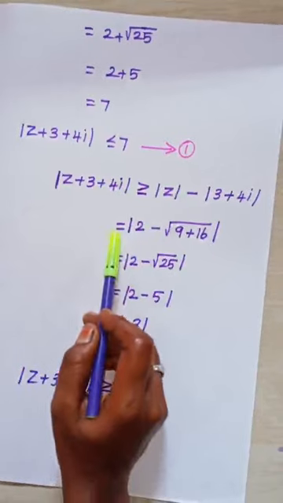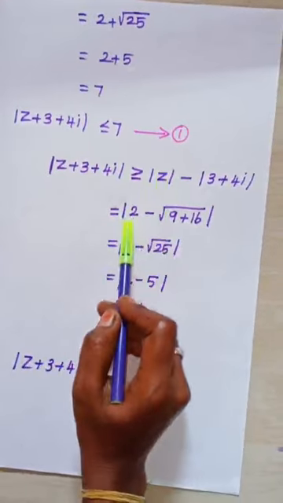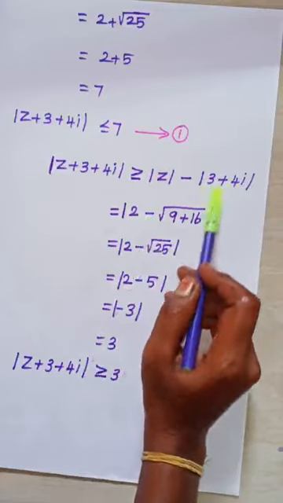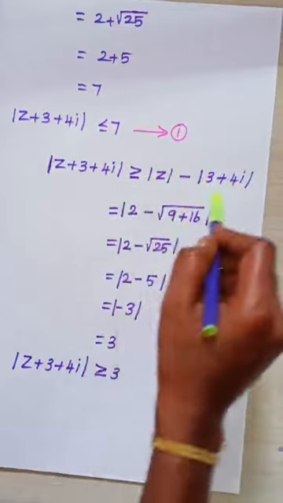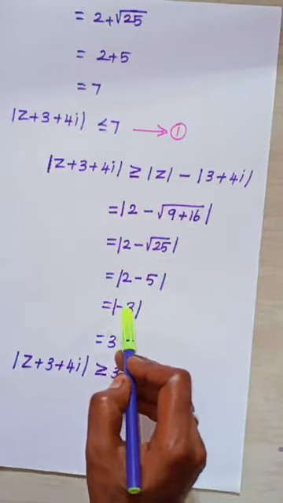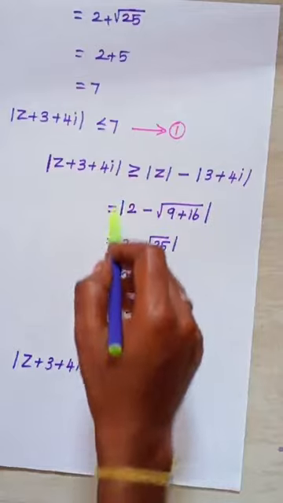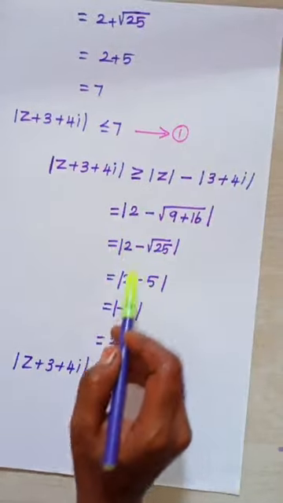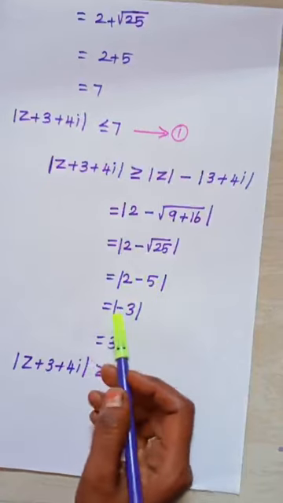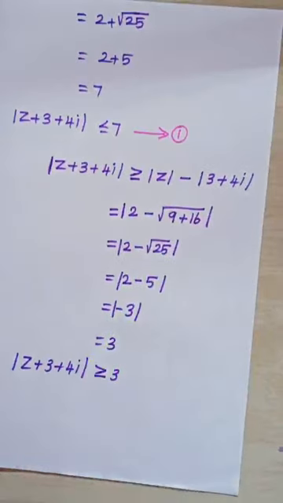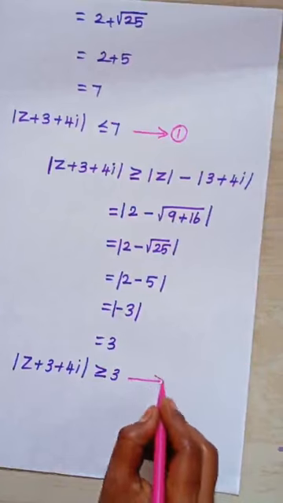This is equal to modulus z, value 2, minus square root of 3 squared 9 plus 4 squared 16. We take the whole modulus because we got a negative value, to remove it. So modulus 2 minus root 25, 2 minus 5, is minus 3, and modulus of minus 3 is plus 3. So consider this equation as true.